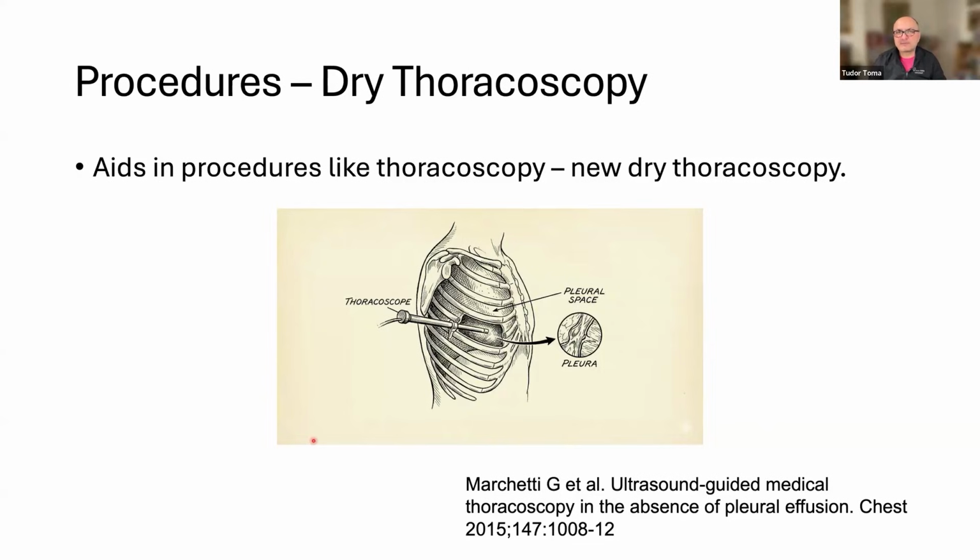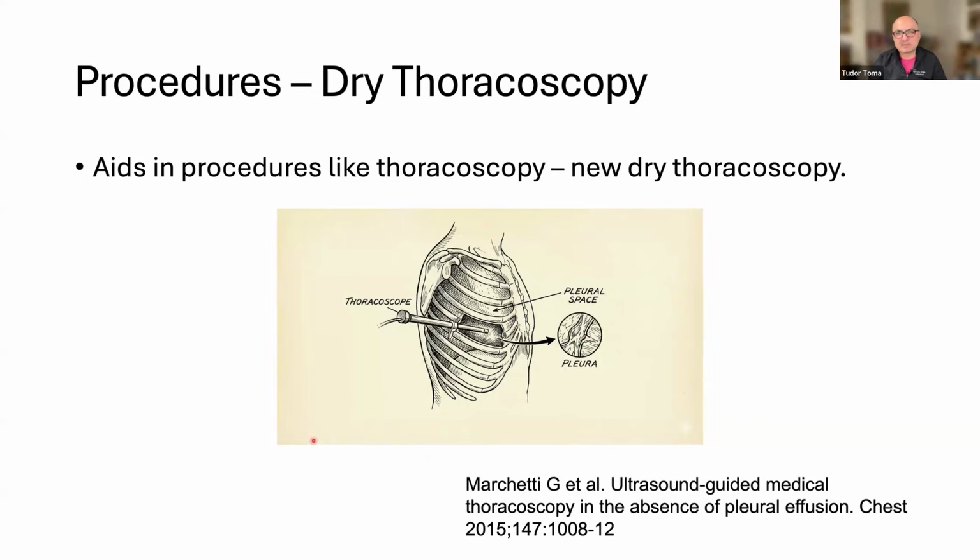And therefore, the standard was that if you don't have enough fluid in the pleural space, you would not insert the thoracoscope because there is a risk of damaging the lung, creating bronchopleural fistulas and so on.